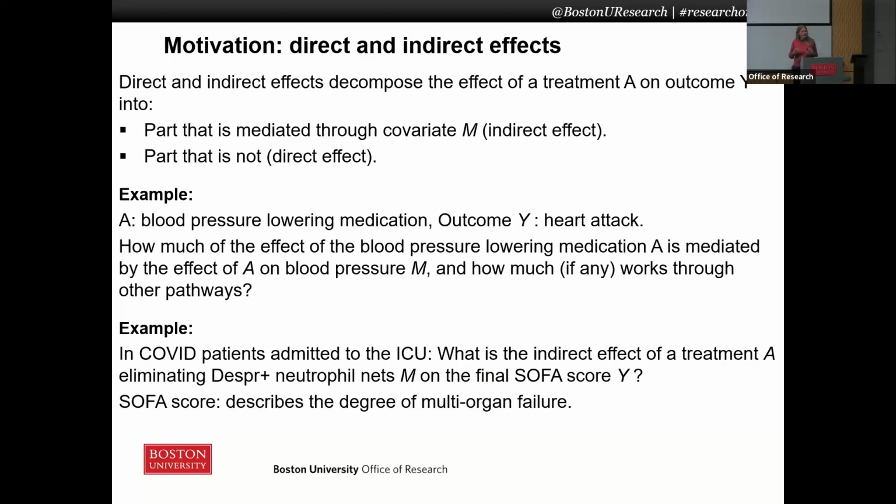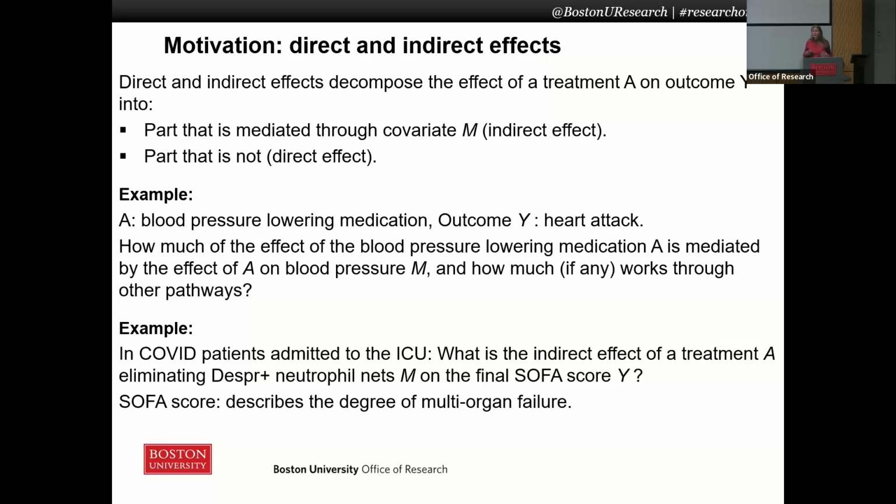So the motivation behind causal mediation analysis: we try to divide the treatment effect into a part that is mediated through a covariate M, for mediator. This is called the indirect effect. The effect that goes through all other pathways, so not through the mediator M, is called the direct effect.